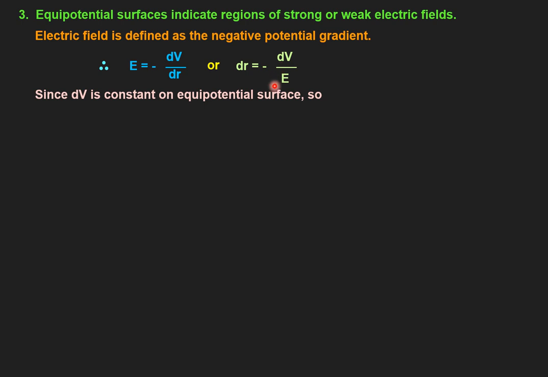What does it signify? If the electric field is strong, the separation between successive equipotential surfaces will be less. That is, equipotential surfaces in a region of strong electric field will be nearer to each other. We have already seen this when I drew the equipotential surfaces due to a point charge.